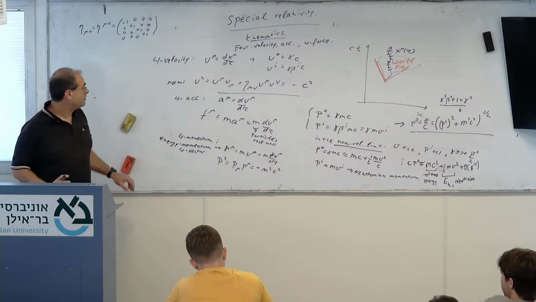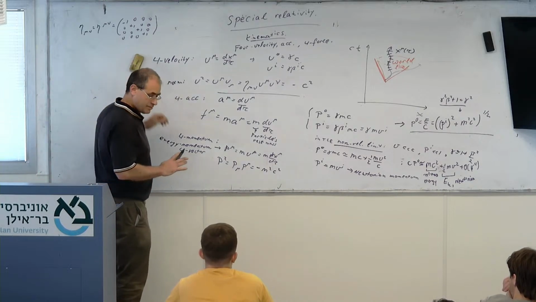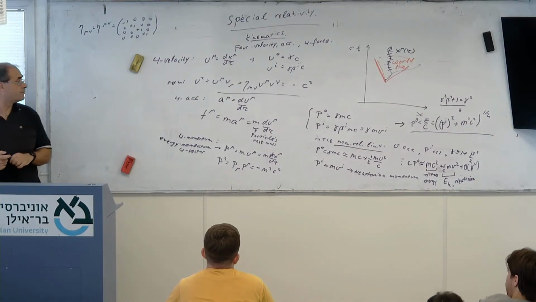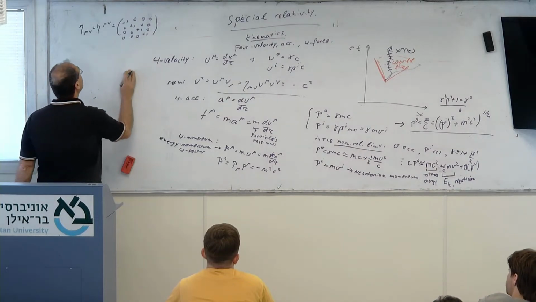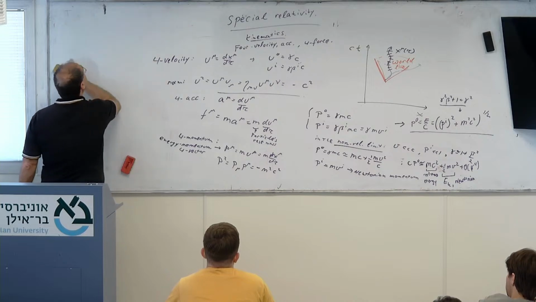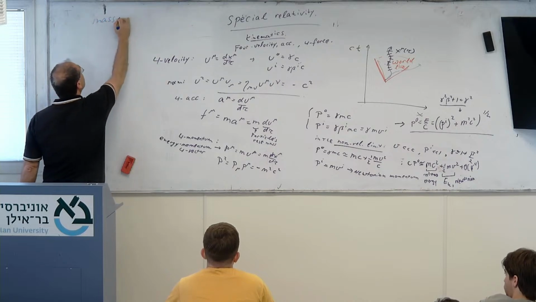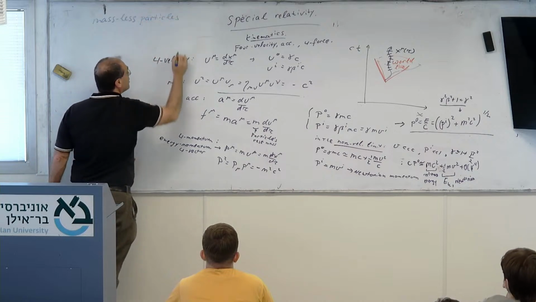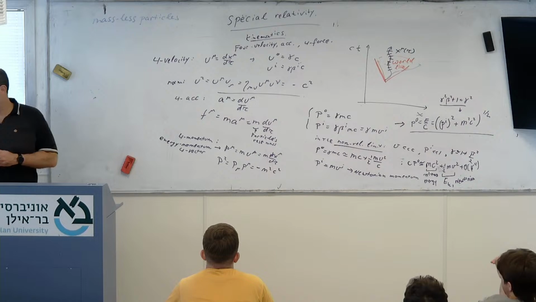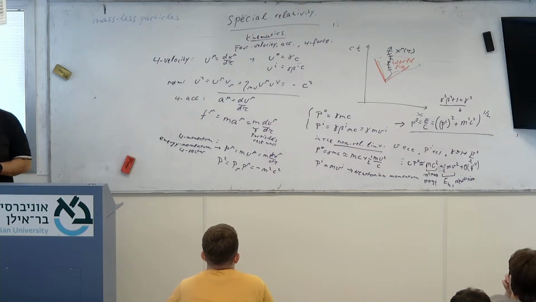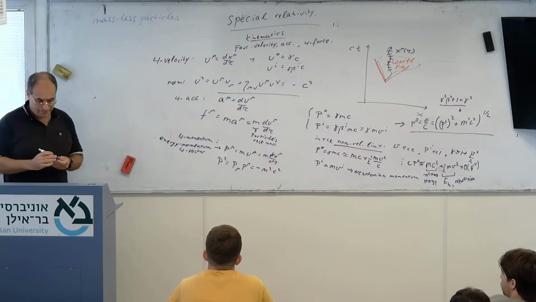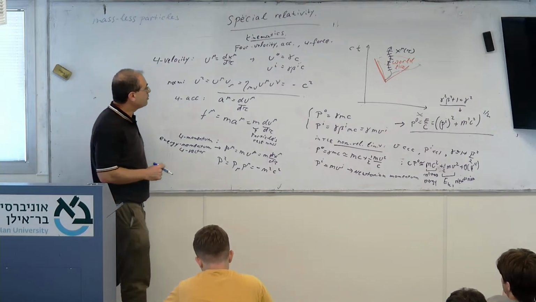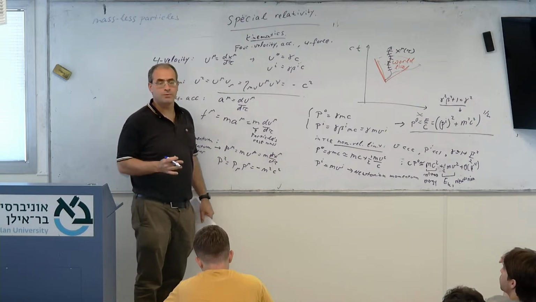What about massless particles? For massive particles, we know that they must be traveling at a speed which is smaller than c.